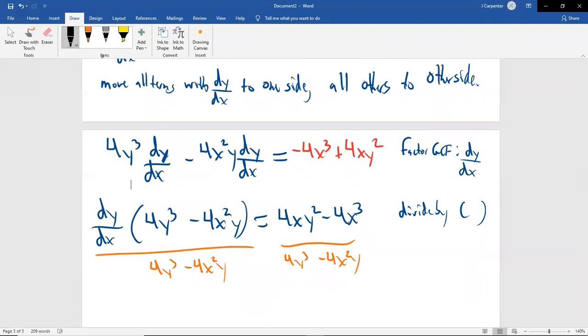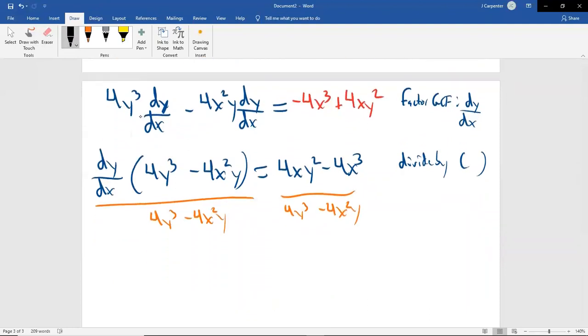Giving us our final answer, maybe, of dy over dx equals 4xy squared minus 4x cubed over 4y cubed minus 4x squared y.